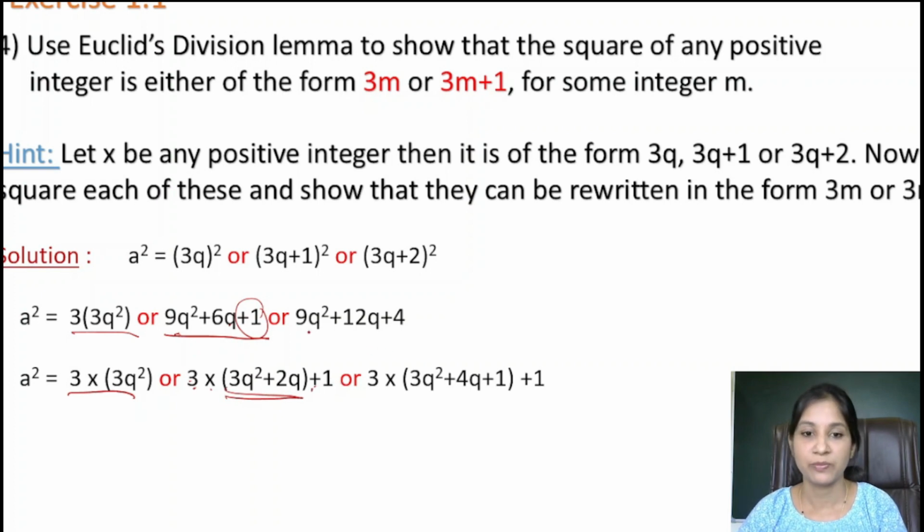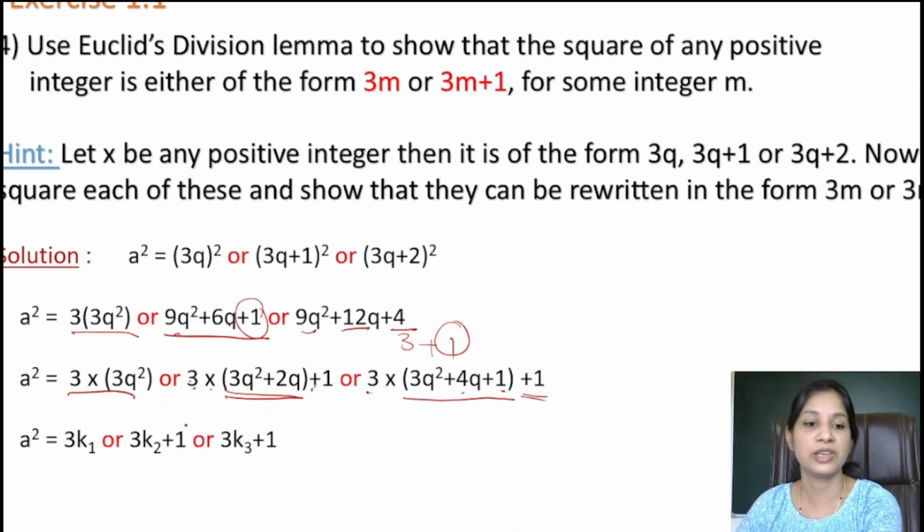Now 4 can be written as 3 plus 1 here. So if I take common 3 here, it will become 3q square, it will become 4q, and 3 becomes 1 because I already took it common here, and this last plus 1 goes here. This is also expressed in the form of 3 into something plus 1.